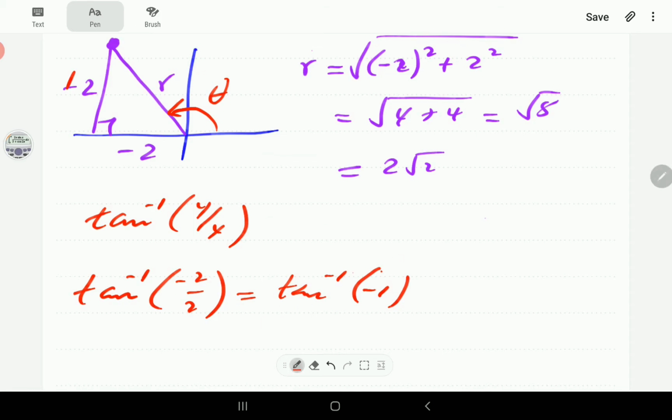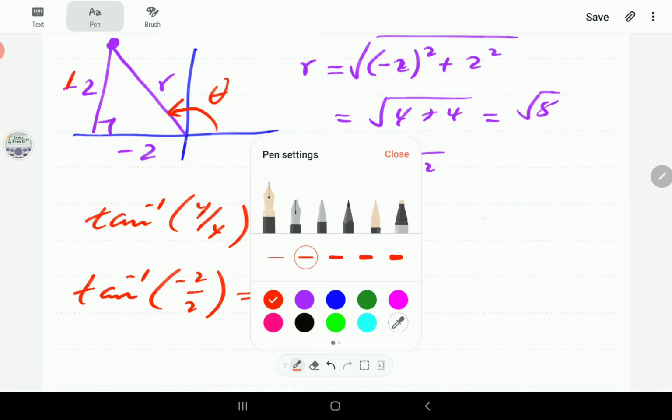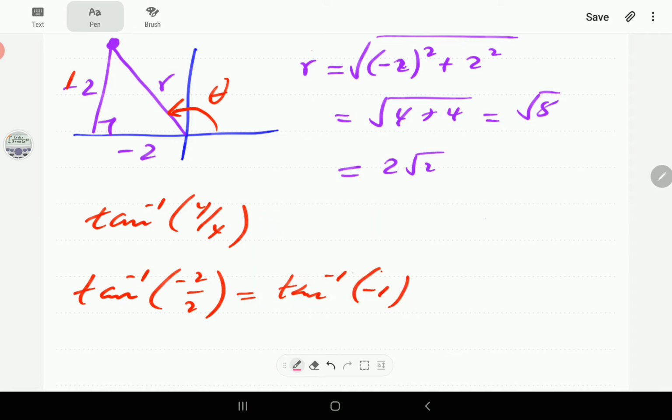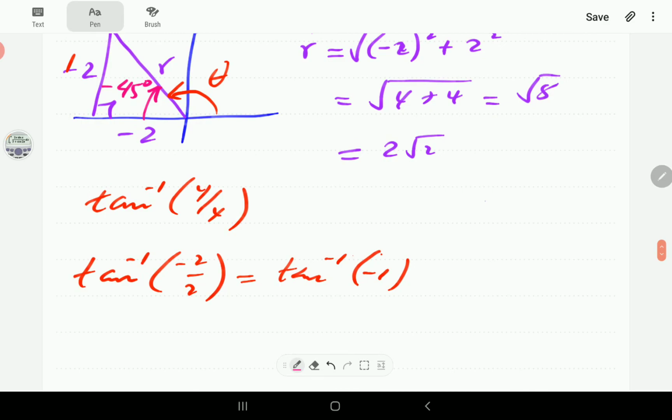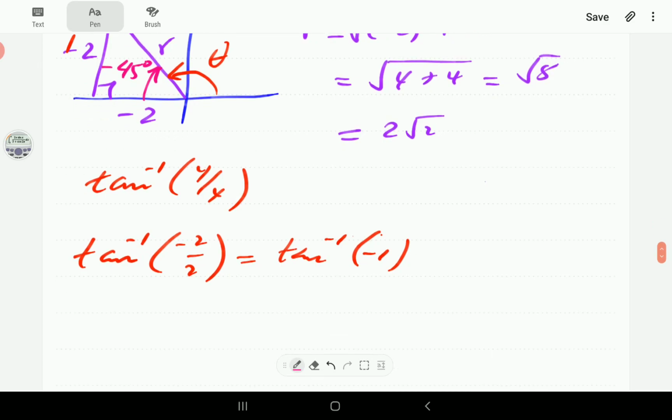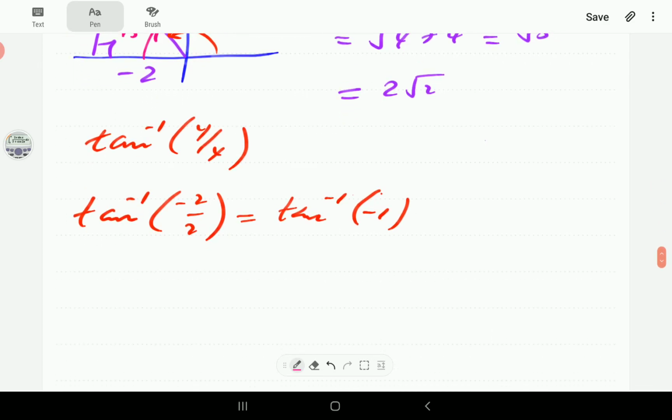But what is actually happening is when we punch that in the calculator, the angle that we got is this one here, which is always going to be the case. So that is telling us that is -45, which means theta is going to be that plus 180, or 180 minus 45.